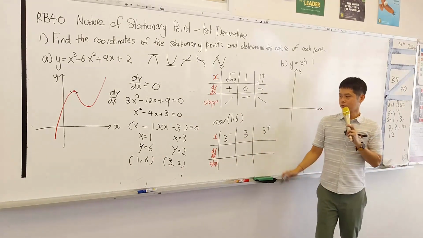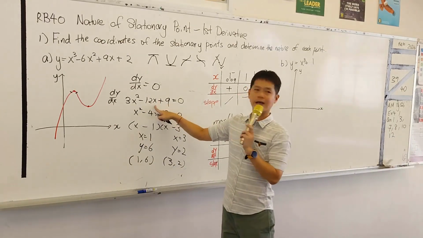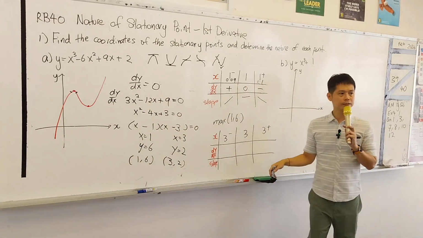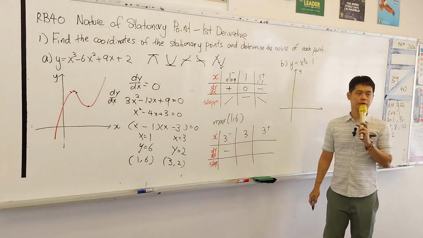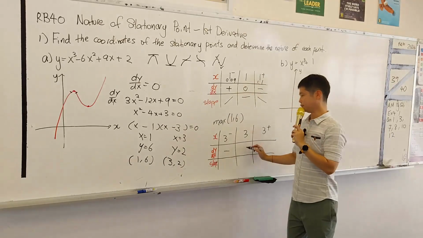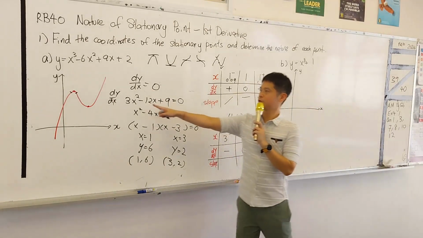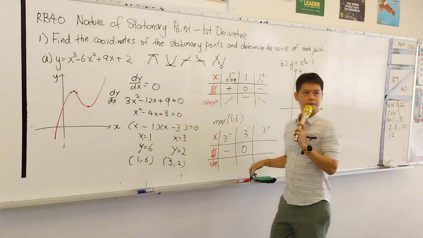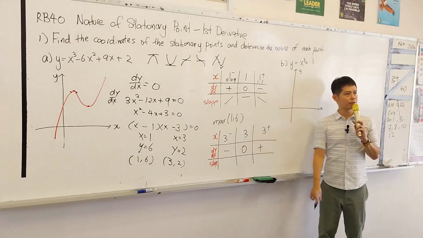All right? So when I put in 2.9, I realize I press calculator, the answer is negative. When I put in 3, obviously the answer is 0. When I put in 3.1, are you able to see whether it is a maximum or minimum?